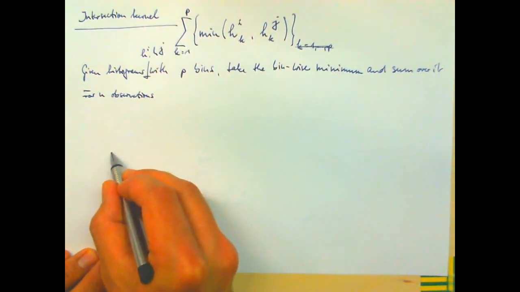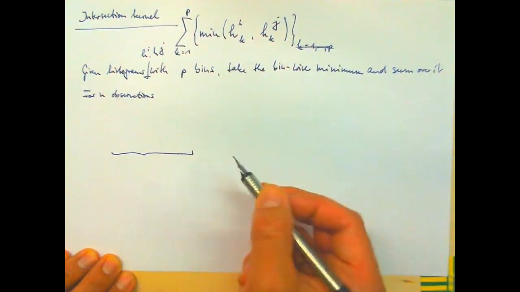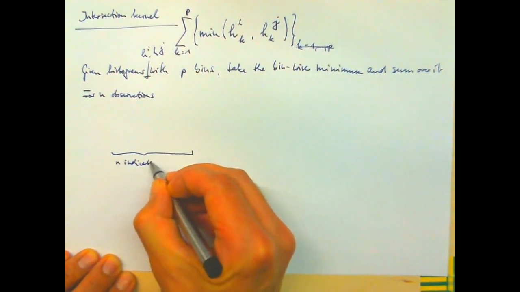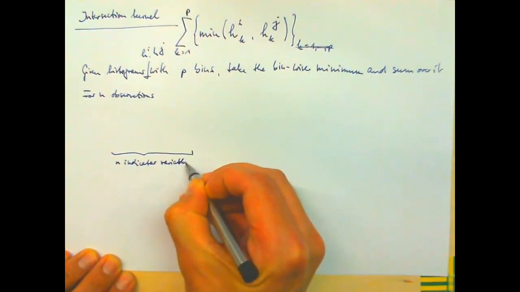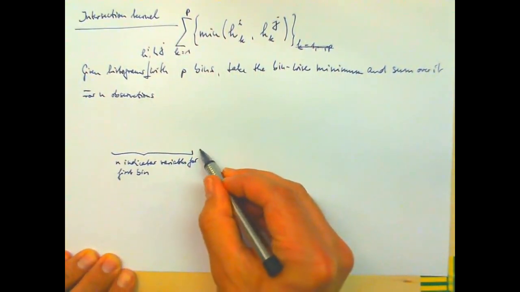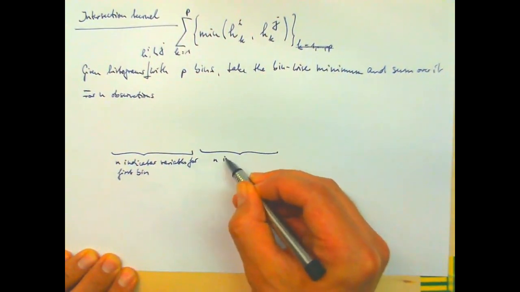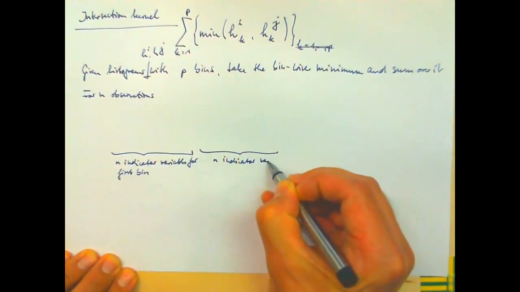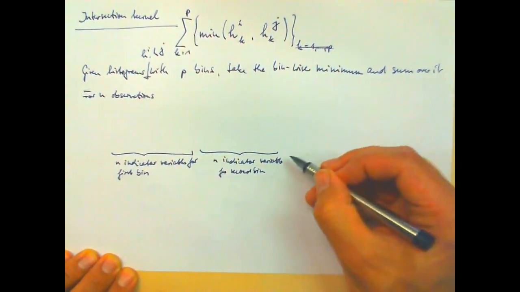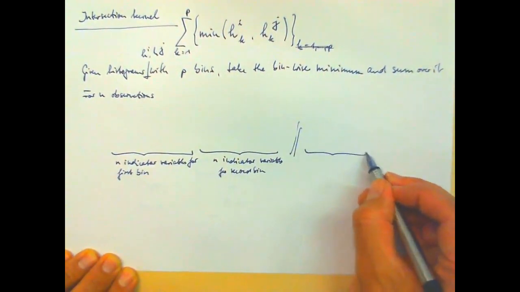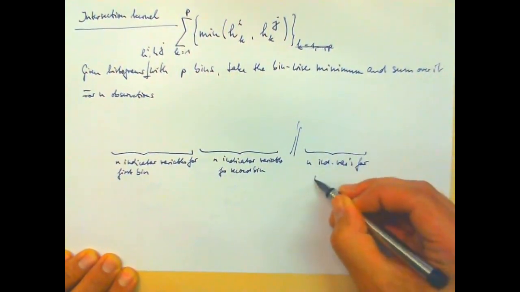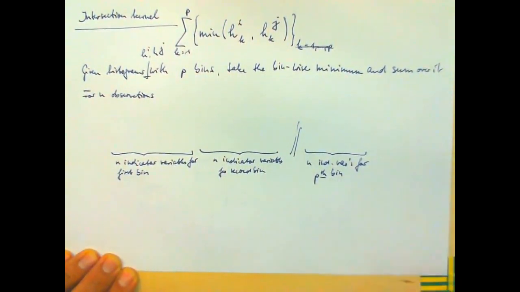I first use n indicator variables for the first bin, and then I use n indicator variables for the second bin, and then this goes on until I have n indicator variables for the pth bin. And now I can do the following.